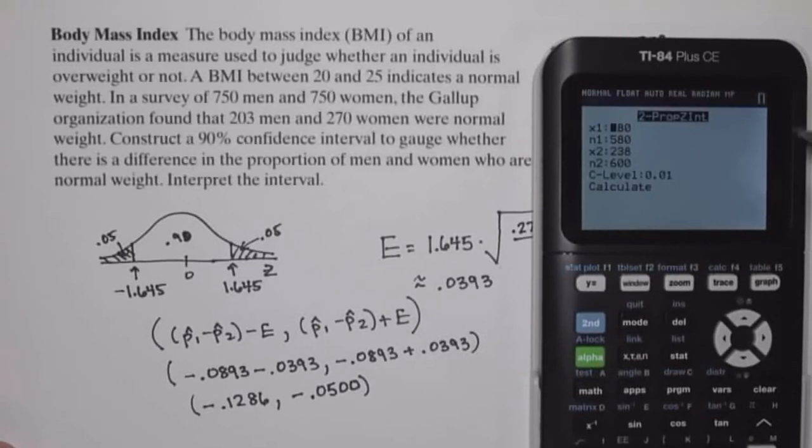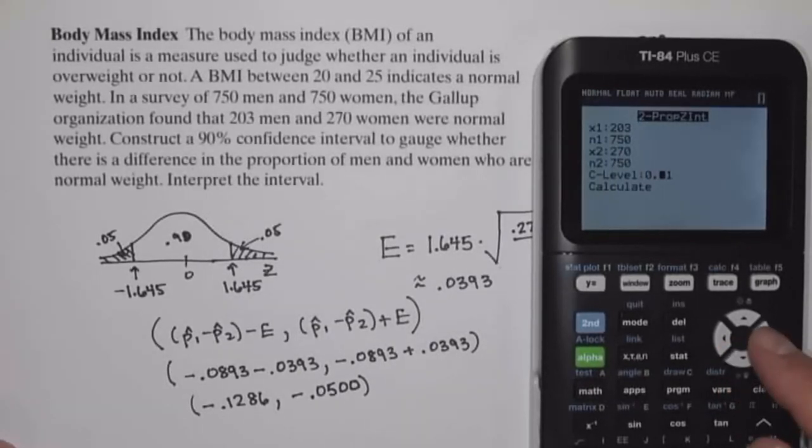Now when I select that, I have to enter in the numbers. So for our men, which was X1 and N1, we had 203 successes out of 750. And for women, we had 270 successes out of 750.